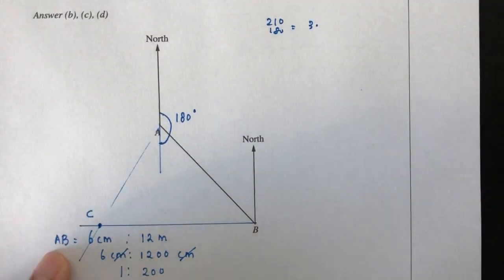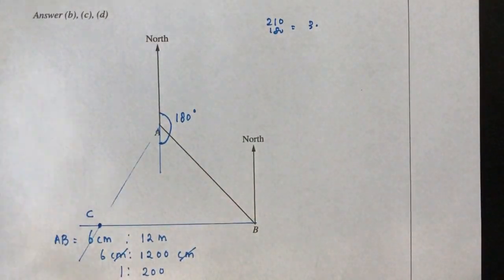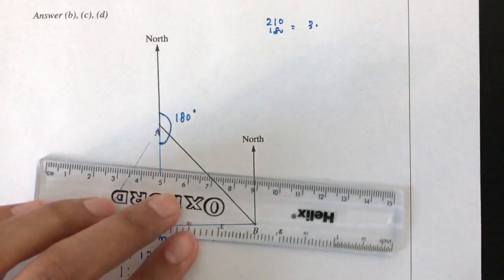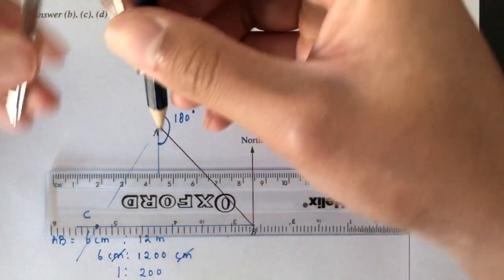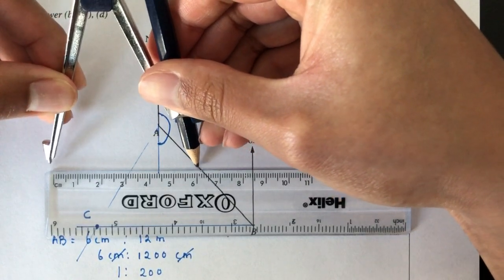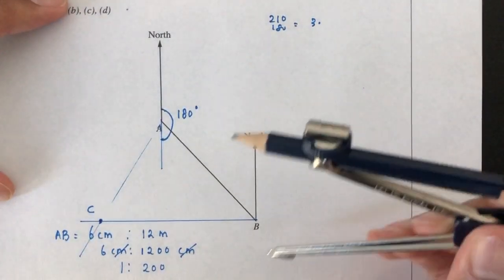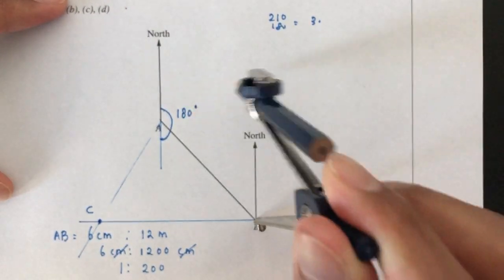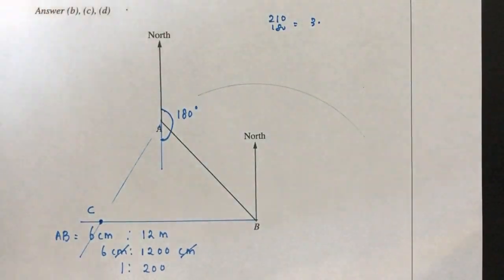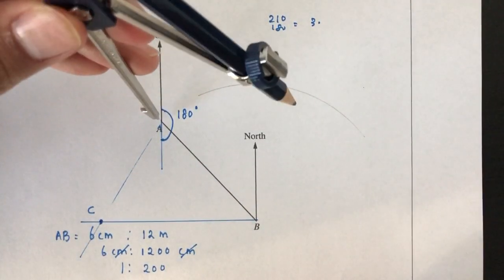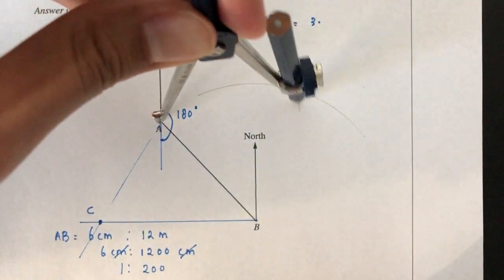So we have shown that AB is equal to 6 centimeters. So we just have to measure 6 using our ruler here. So 6 will be here. And then going to point B, you have to draw an arc. And then going to point A, you have to draw another arc to intersect the first one.